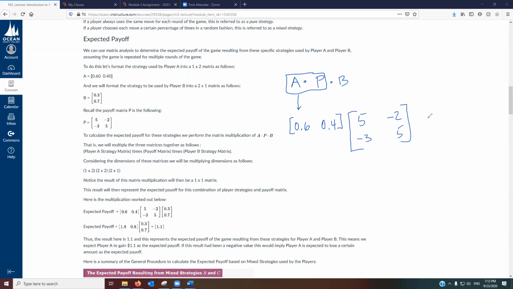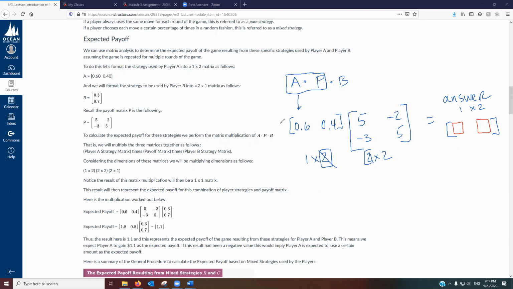Let's double check the dimensions again. This is a 1-by-2 matrix. This is a 2-by-2 matrix. I'm going to cross these out. It means my answer is a 1-by-2 matrix. That means it's going to be 1 row and 2 columns. So I need answers to put in these boxes.